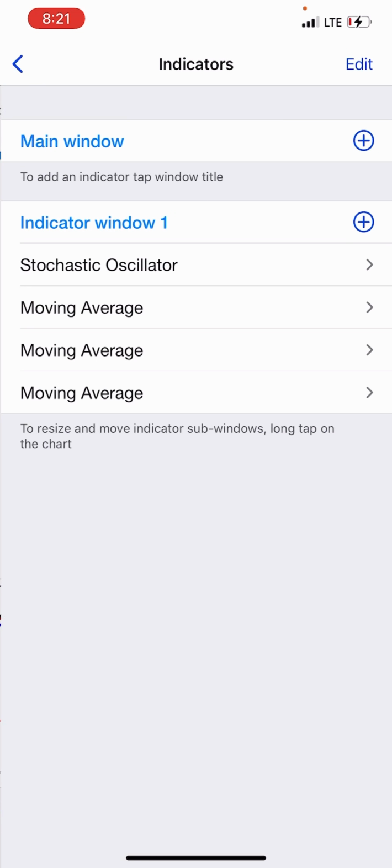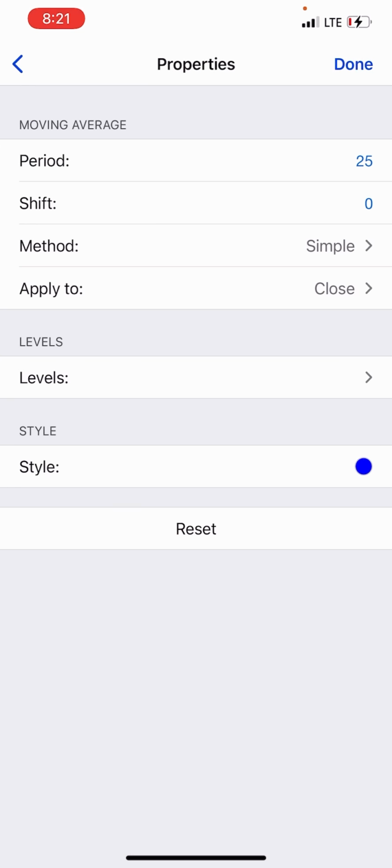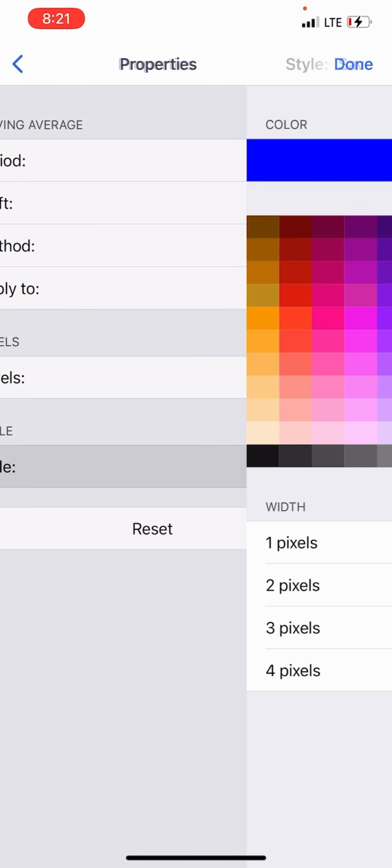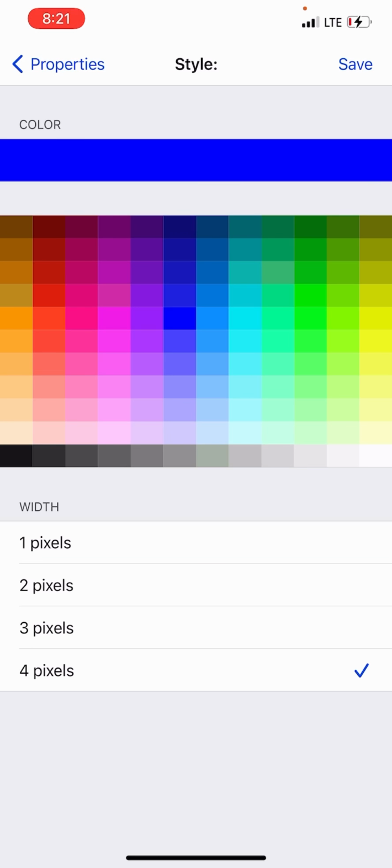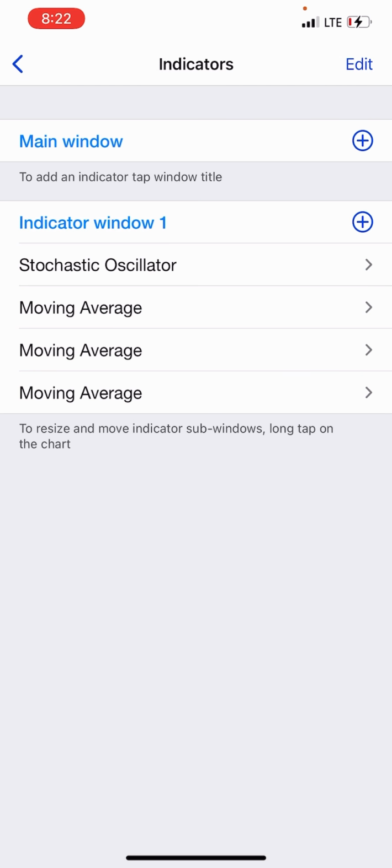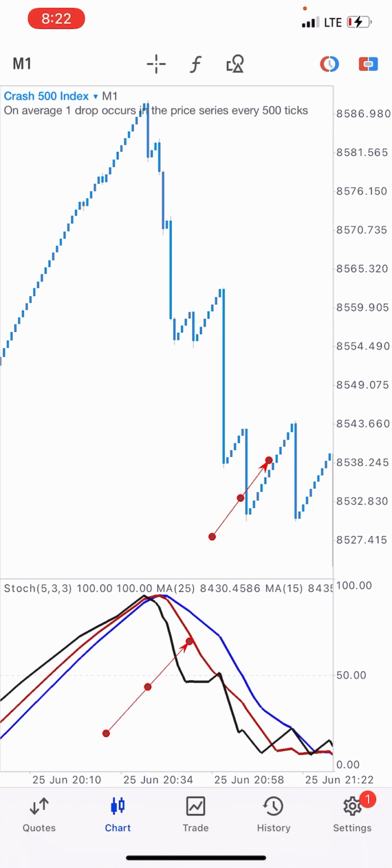On the same indicator window, you put your moving average, period 25, shift 0, method simple, apply to close. The color I chose was blue, but you can choose any other color you want. After that, you click done.